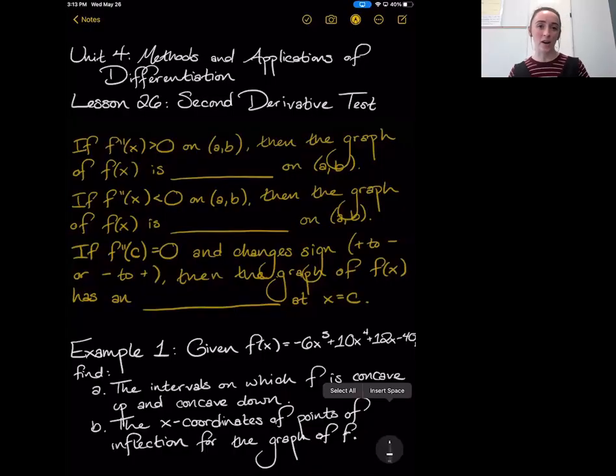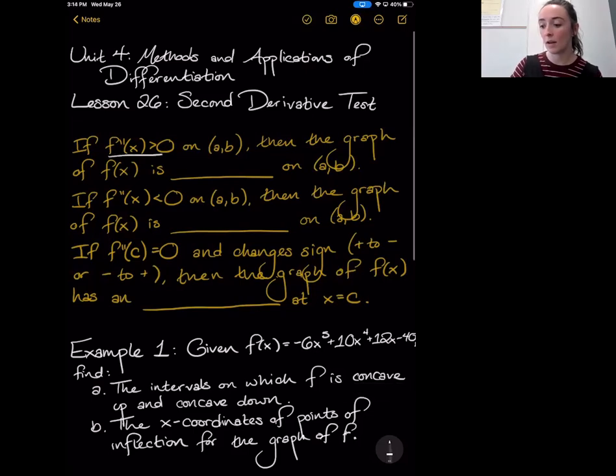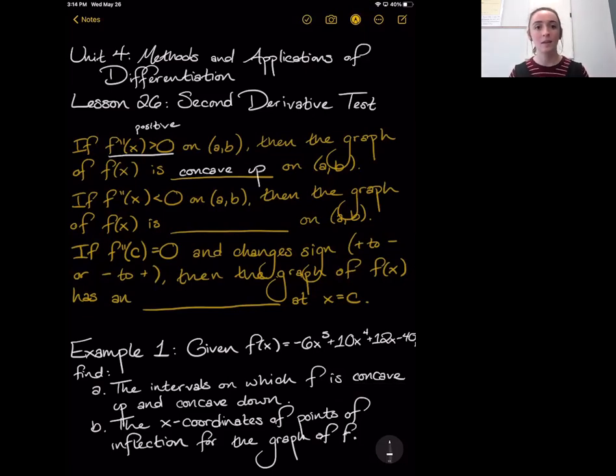In the Explore activity that you just completed, you uncovered these two key ideas. If the second derivative of a function, f double prime, is greater than 0, in other words, if it is positive on some interval from a to b, then the graph of f, the original function, is concave up on that same interval.